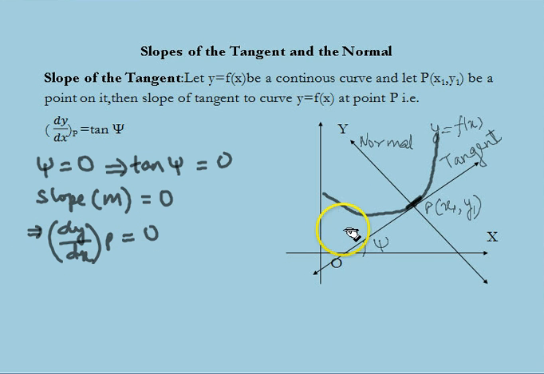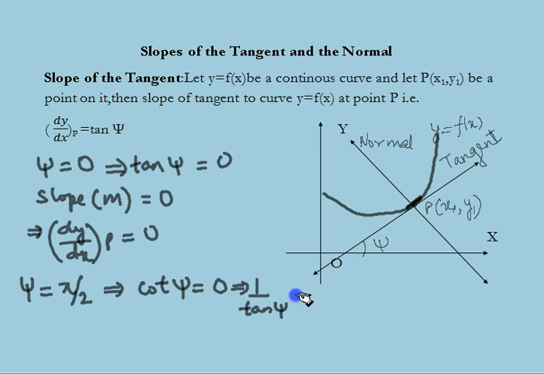Whereas if the tangent is perpendicular to the x-axis, then psi would be equal to pi by 2, which implies that cot psi is equal to 0, which further implies that 1 by tan psi is equal to 0. This implies that dx by dy at point P is equal to 0.